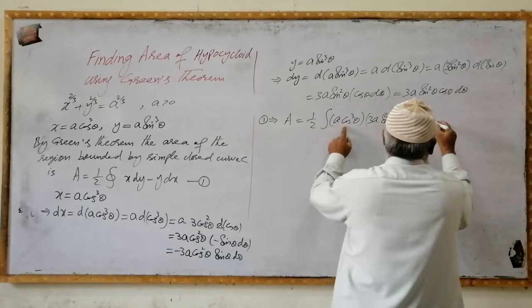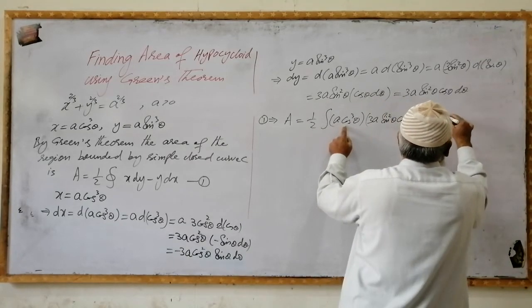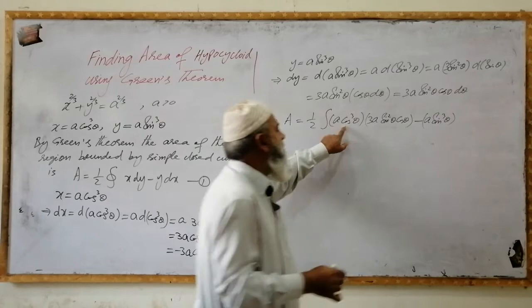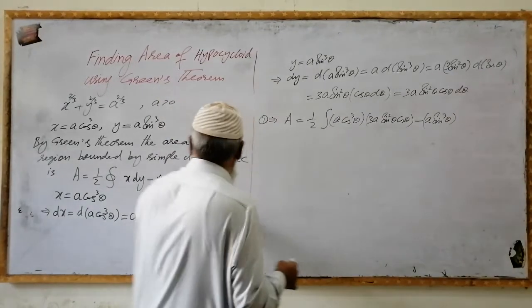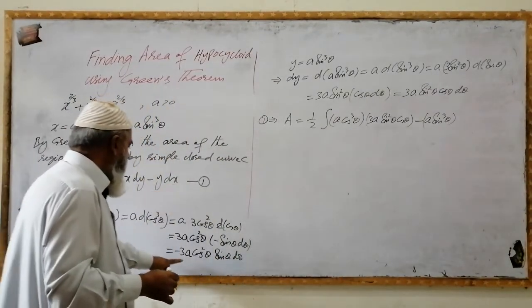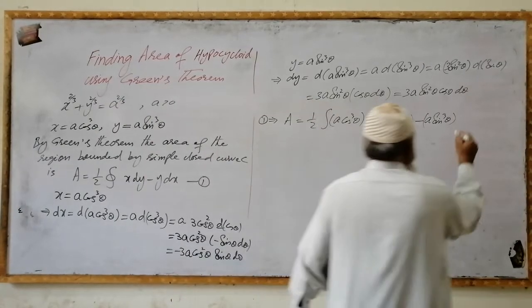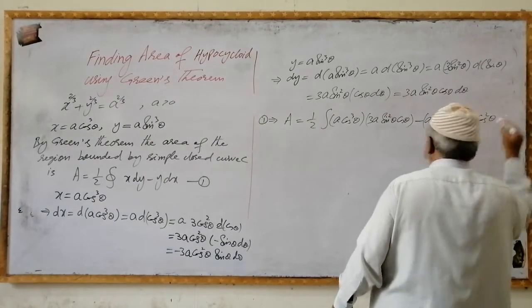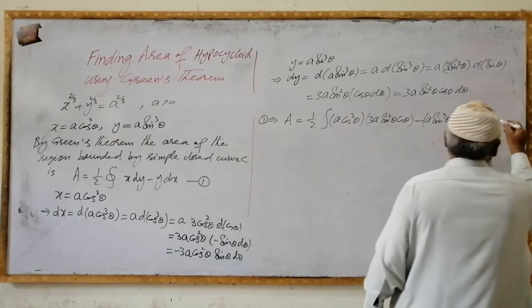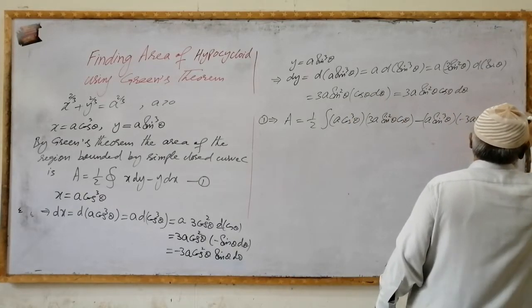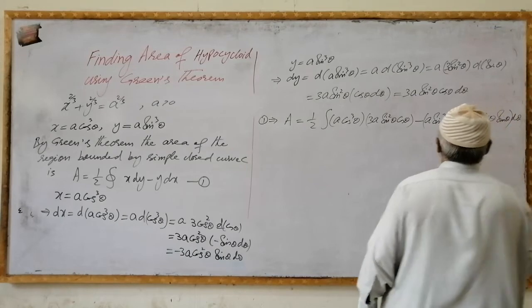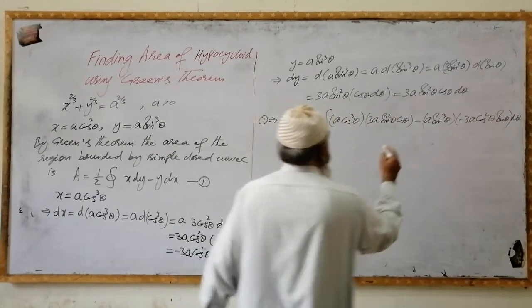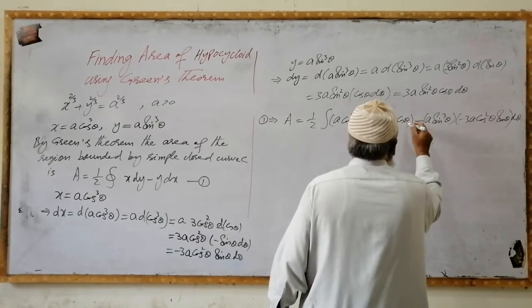Value of y is a sin cube theta, and what is the value of dx? That is minus 3a cos square theta sin theta d theta. Now here we also have to write d theta.